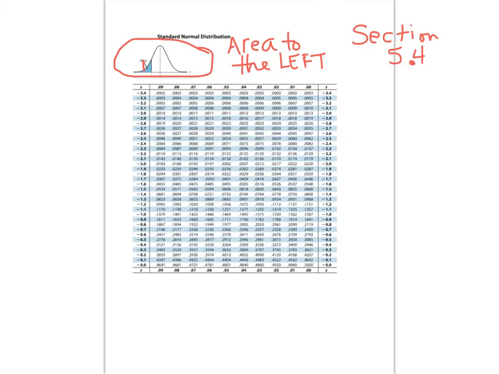So if I wanted to find the probability that a z-score randomly selected from the standard normal distribution is less than negative 1.35, so z-score is less than negative 1.35.